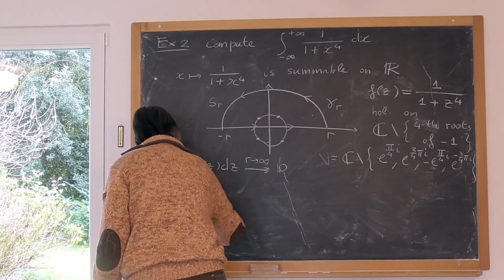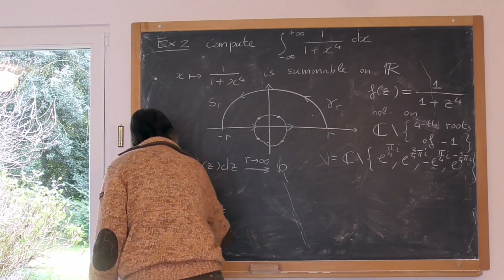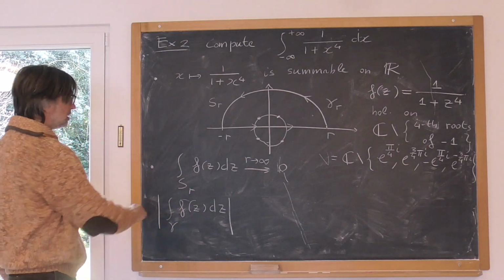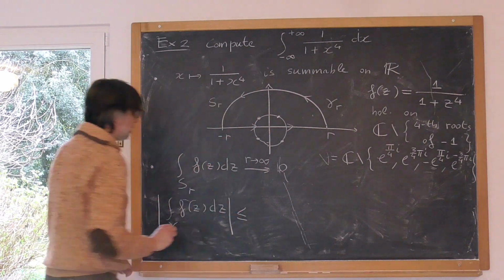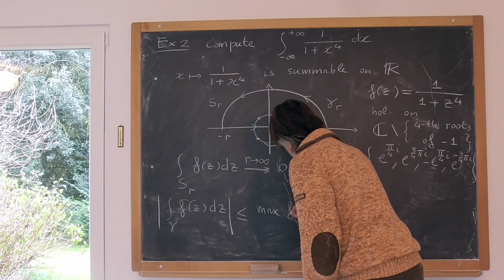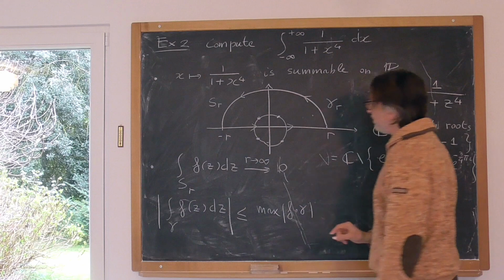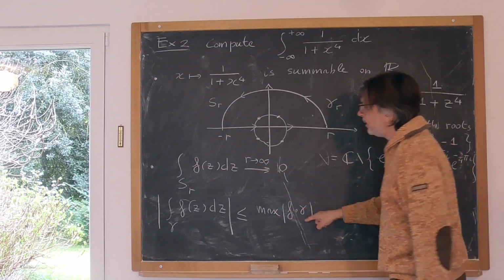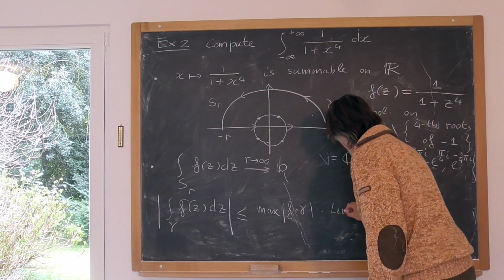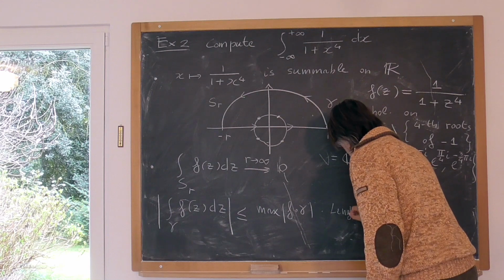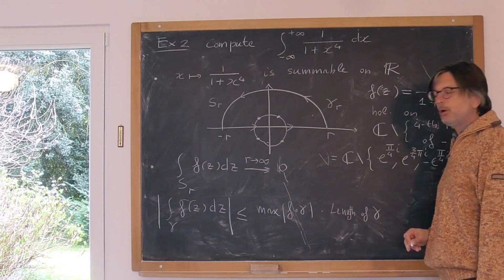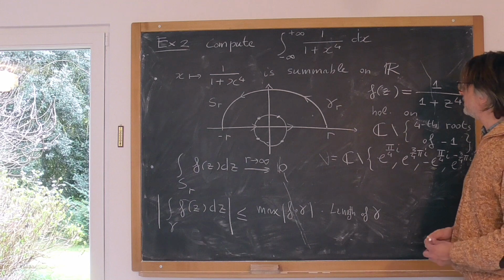When we have to compute the integral of a function f(z) dz on some path gamma, we have this standard estimate: this is less or equal than the maximum of the absolute value of f composed with gamma, or if you want, the supremum norm of f over the curve, times the length of gamma, the length of the curve. We have this standard estimate for line integrals.